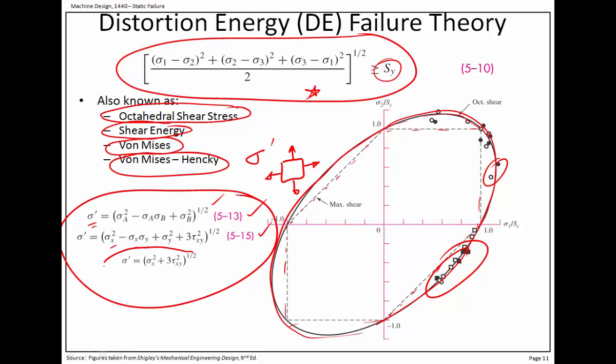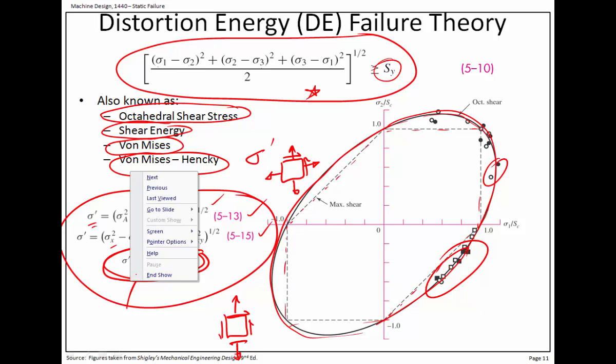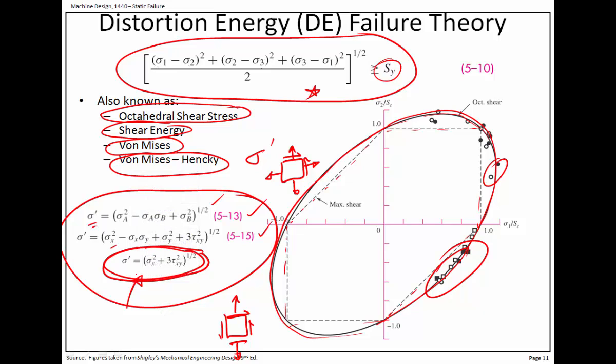And an even simpler scenario is when you have, and by the way, I also should have put a shear stress on there, a scenario where you only have normal stress in one direction, and you also have shear applied. You can use this simplified version. And by the way, this is probably the one that you'll use the most often. You just need to remember that it's only when you have this scenario.